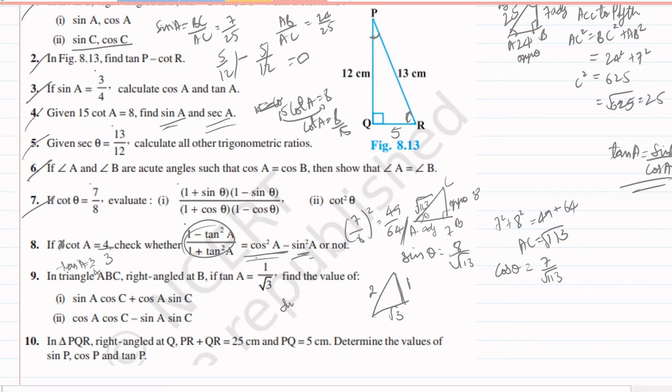So our sine A will be 1 by 2, opposite by hypotenuse. So our cos A will be root 3 by 2. Tan A, obviously, is sin A by cos A, it's 1 by root 3. Yeah, it's given in the question.